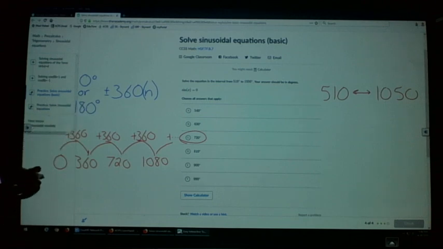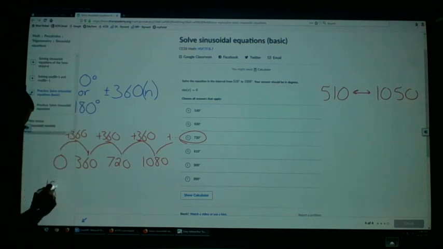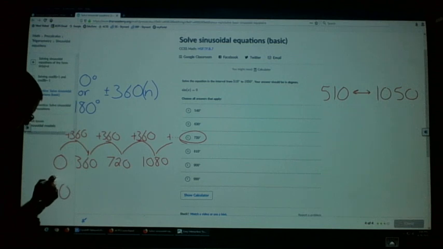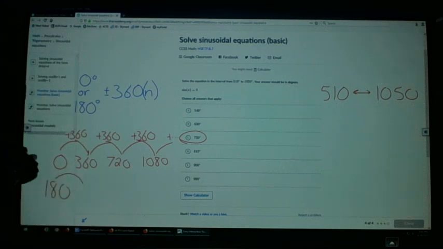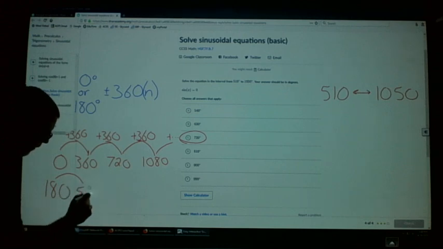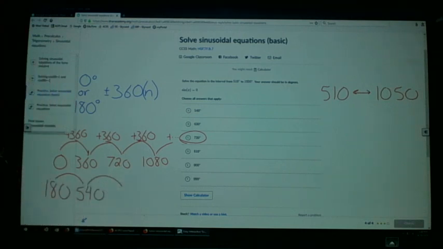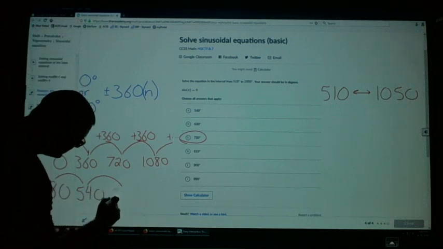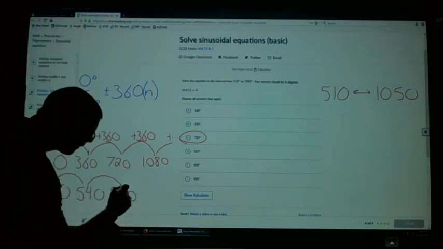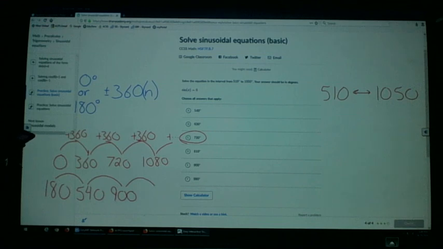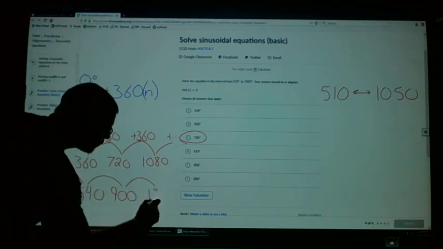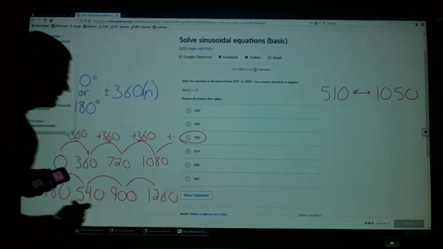We do the same thing with 180. 180 plus 360, it's 540, plus 360, 900, plus 360, 1260.